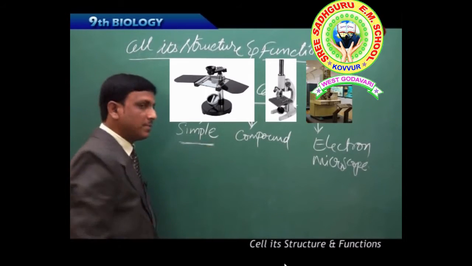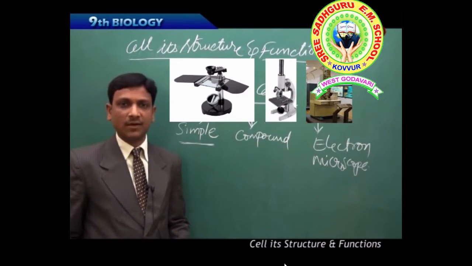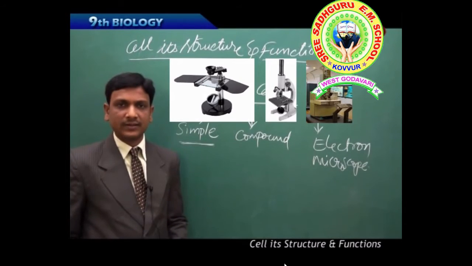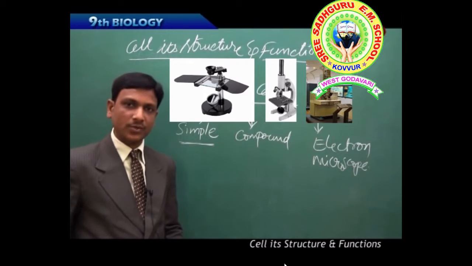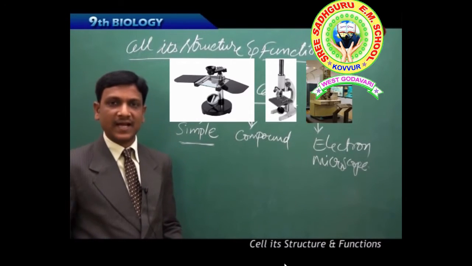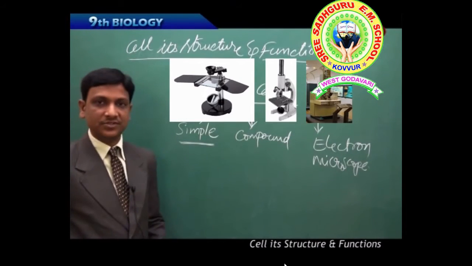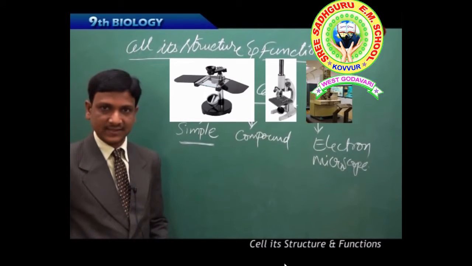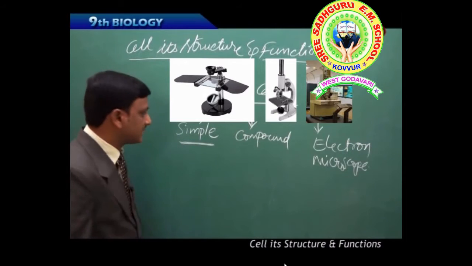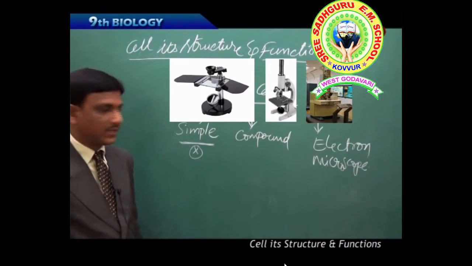The simple microscope is a very simple instrument which is used to observe the stomata or some of the outline features of a cell. If you want to observe bigger plant cells or animal cells, we can use the simple microscope. But it is not possible to observe the inner parts, the cell organelles like nucleus or cell wall. Such things we cannot see in a simple microscope.